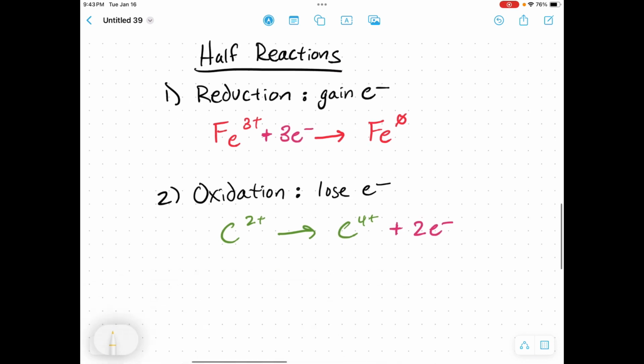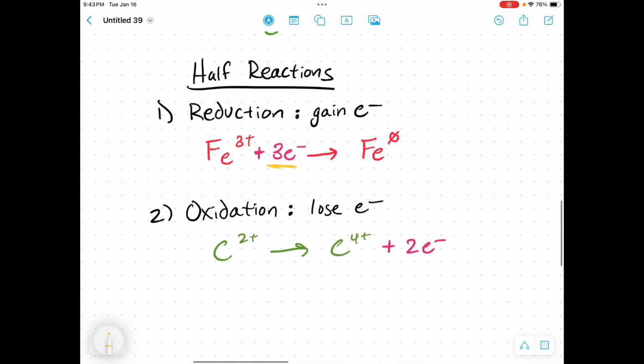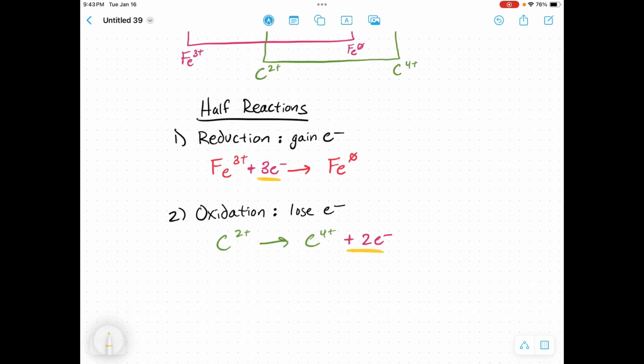Notice that for reduction, the electrons are going to be on the reactant side because that's the thing gaining electrons. So gaining electrons on the reactant side. For the oxidation half, we're losing electrons. If we're losing electrons, I want to separate them. So when we separate them, they're going to be on the product side.